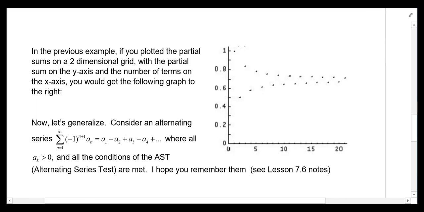So this dot here is S sub 1. What's the sum of the first term? Here's S sub 2, the dot that shows the sum of the first two terms. And here's S sub 3, S sub 4, S sub 5. And can you see how it kind of narrows, narrows, narrows? So you know that the actual S must be something in between these dots.